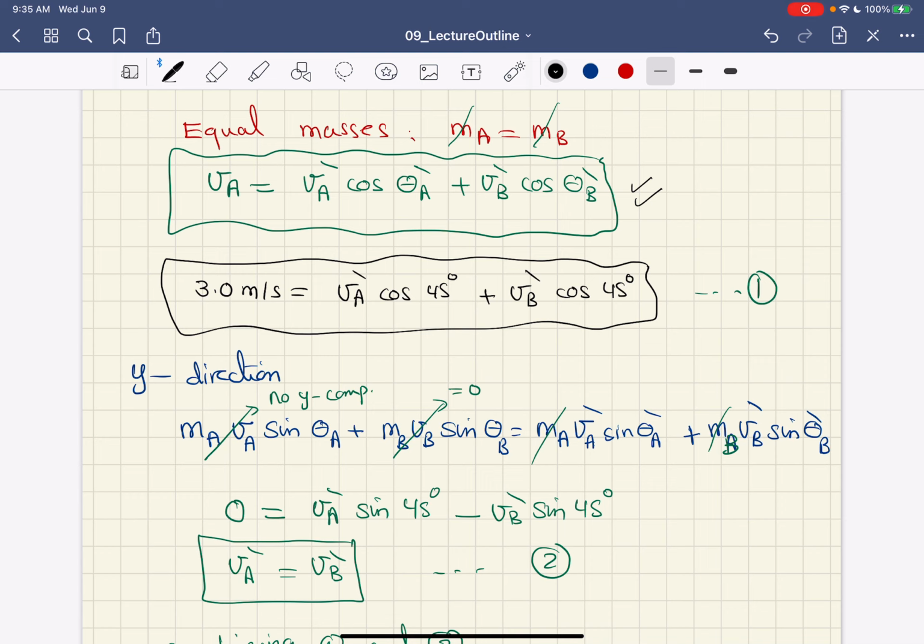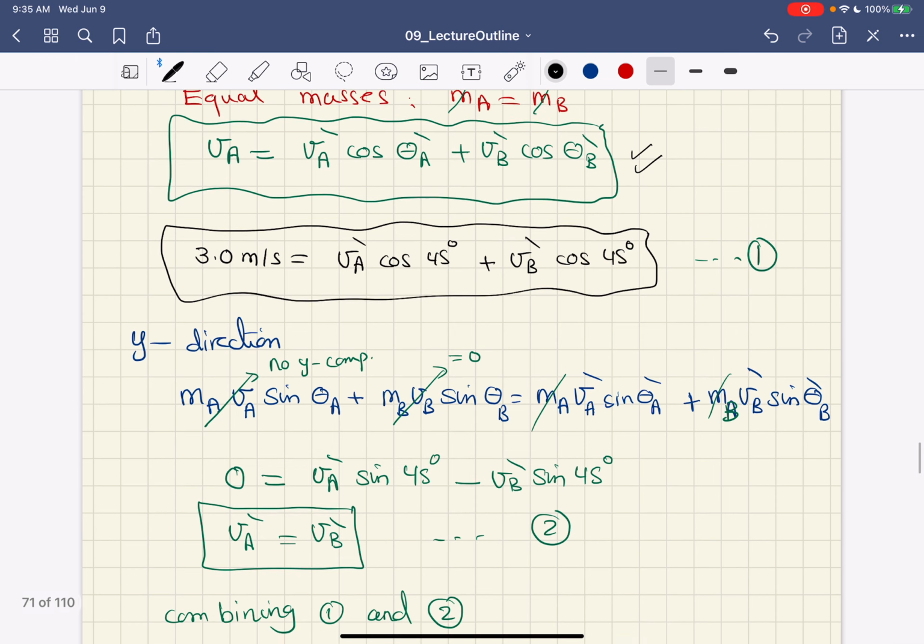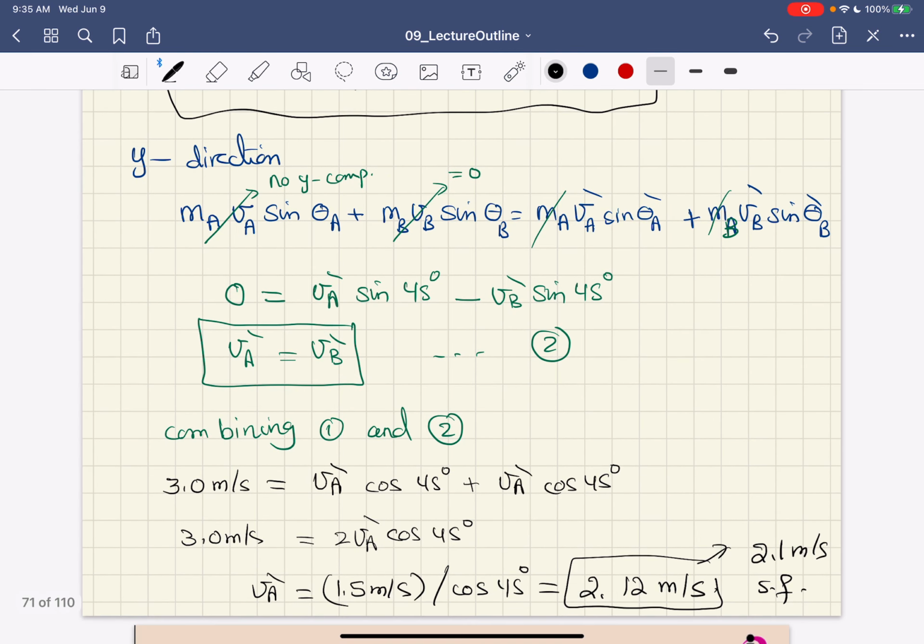For the y direction, I will repeat the same equation: MAVA sine theta A plus MBVB sine theta B should equal MAVA prime sine theta A prime plus MBVB prime sine theta B prime. And here I can conclude that the two speeds should be equal.